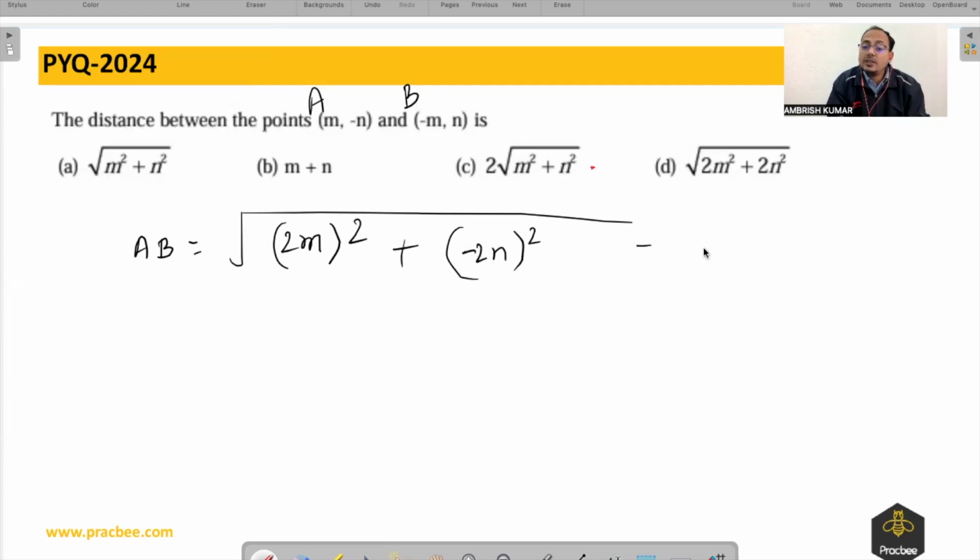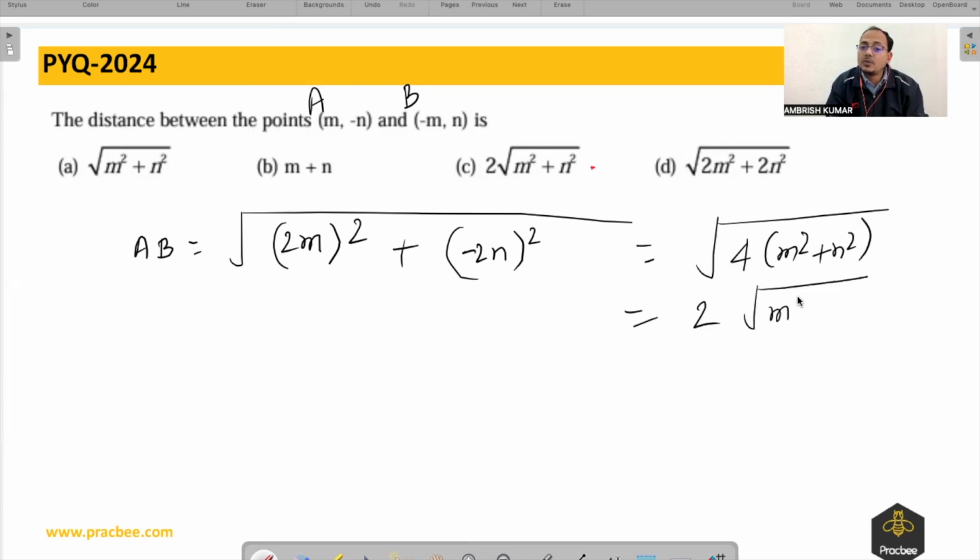Now this you will get as square root of 4 times (m square plus n square). You can take this 4 outside the square root, so 2 square root of m square plus n square. So see, option C is the correct option.